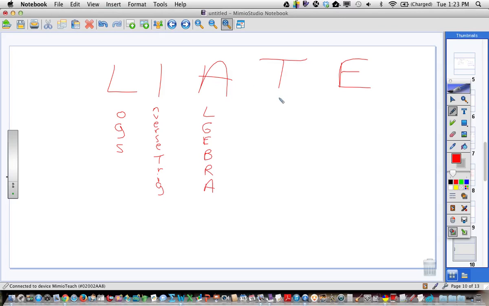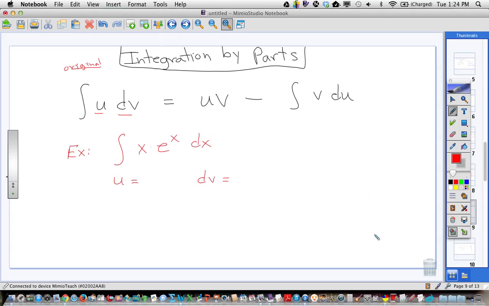And then the last ones you're going to pick for your u are your trig and your exponentials, like e to the x, because like we just saw, e to the x is a great one to have for the dv. Sine and cosine are nice ones to have for the dv because you can do the antiderivative of those. So those are your last choice for the u. All right, so there you go, LIATE. This tells you what you pick for your u, and the rest will be the dv.